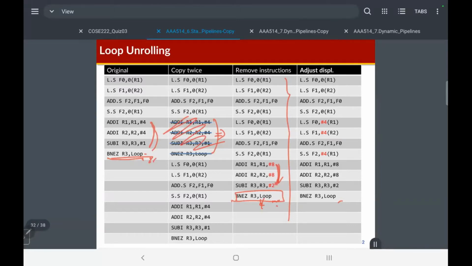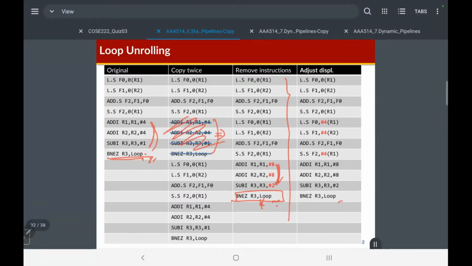Number of available registers. Okay. The number of registers is defined in the instruction set architecture. We can call them the architectural registers. The number of architectural registers is fixed, which means that compilers need to select the available registers from among these architectural registers.